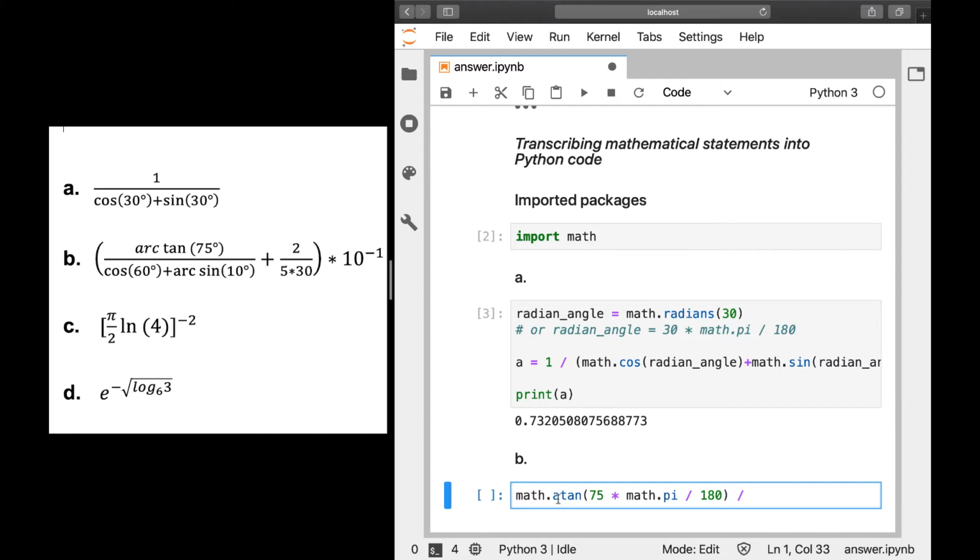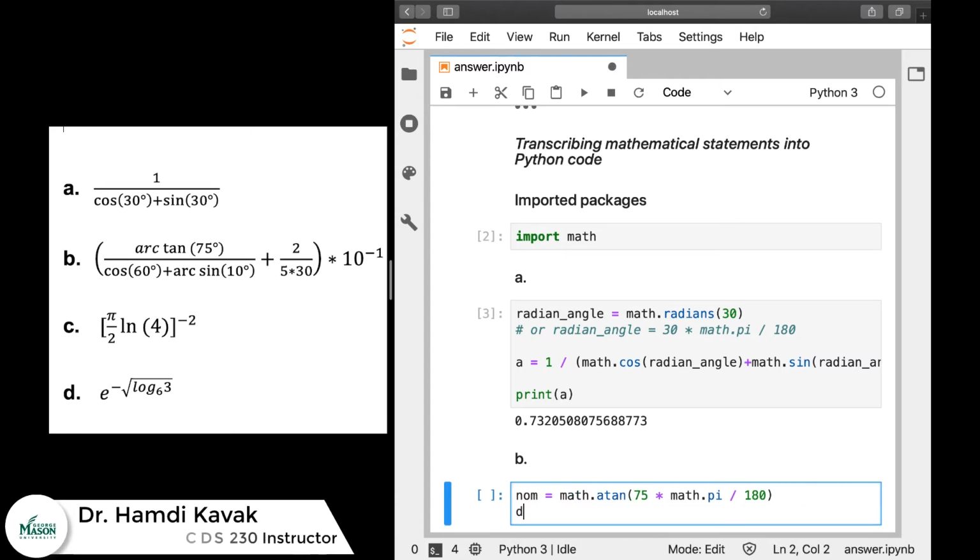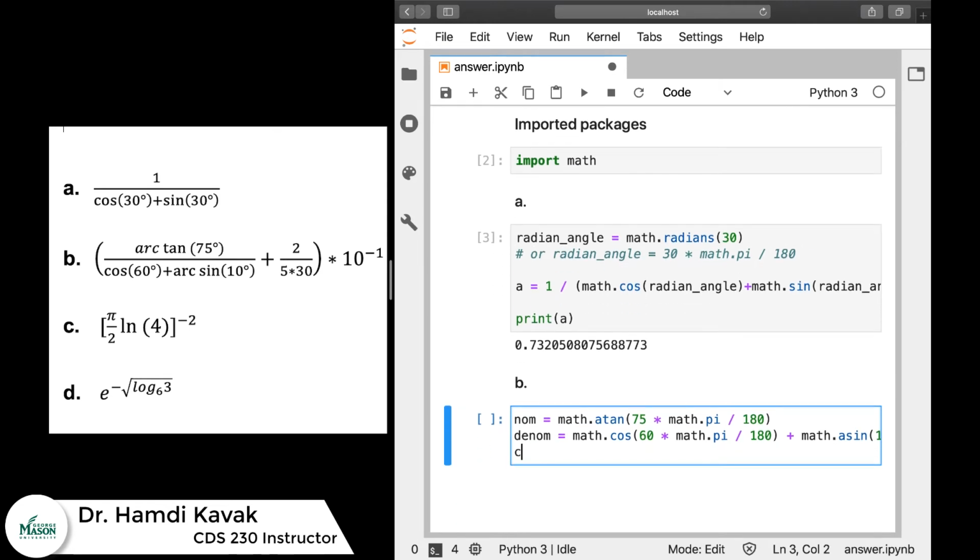And let's call this numerator, num, and let's do the denominator, which is cosine 60 degrees plus arcsine 10 degrees. We then carefully add parentheses to complete the rest of the formula.